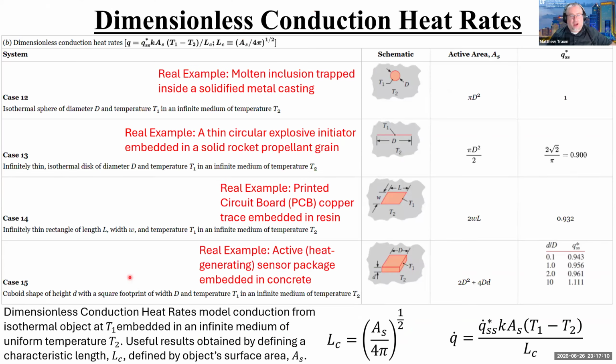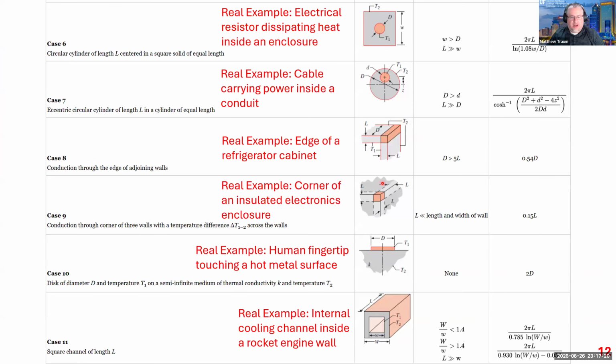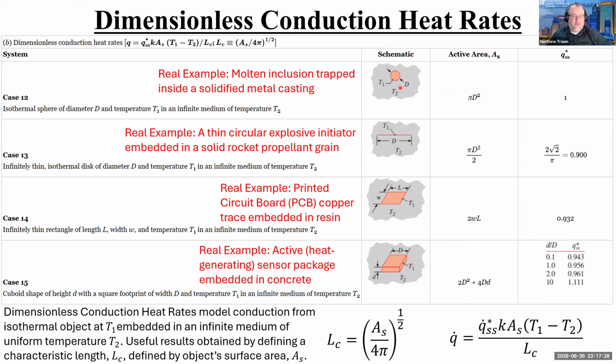All right, there's more. Case 12, case 13, case 14, case 15. These are a little bit different because instead of heat transfer from one object to another object at two given temperatures, these are heat transfer from an object to an infinite medium at a particular temperature. So the challenge with these is that there's no characteristic length, right?